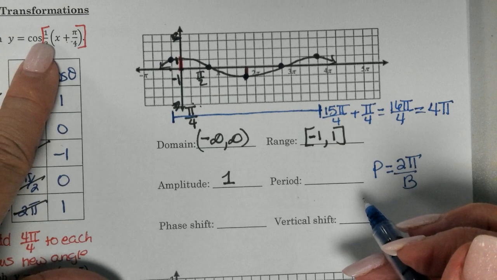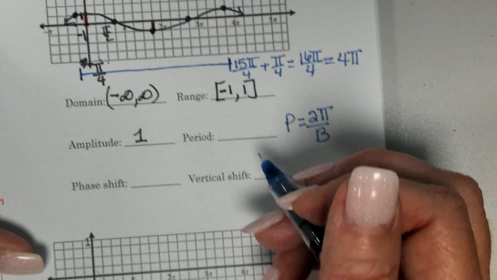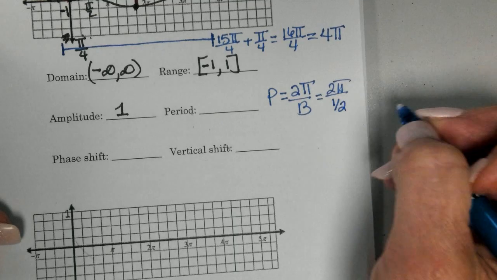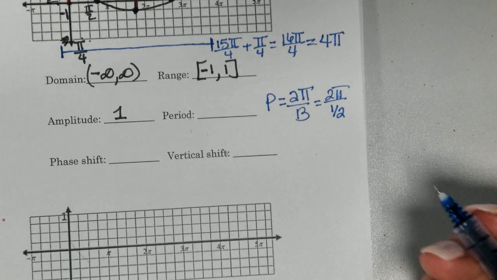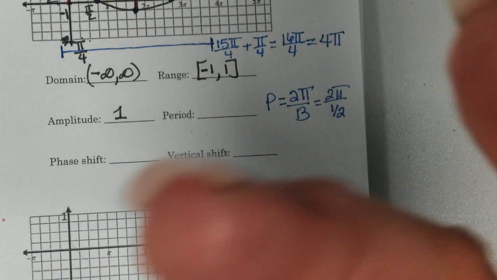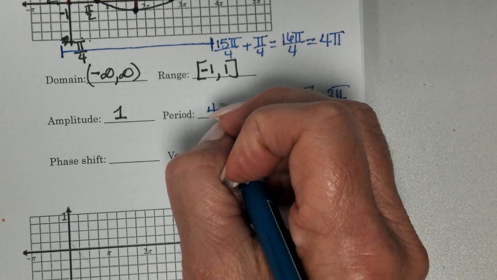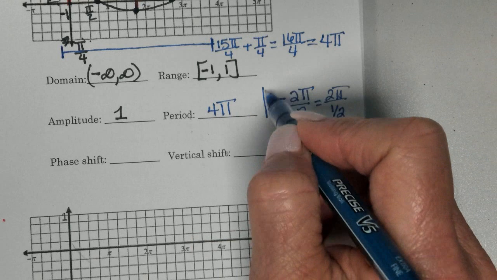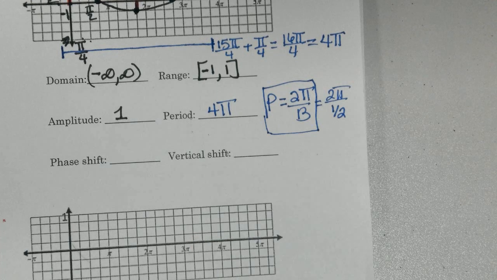That's this value right here. And so if we've got 2 pi divided by 1/2, we're really multiplying it by the reciprocal, which is 2, and that gives us 4 pi. So this is the formula. So this is super important that you've got that down.